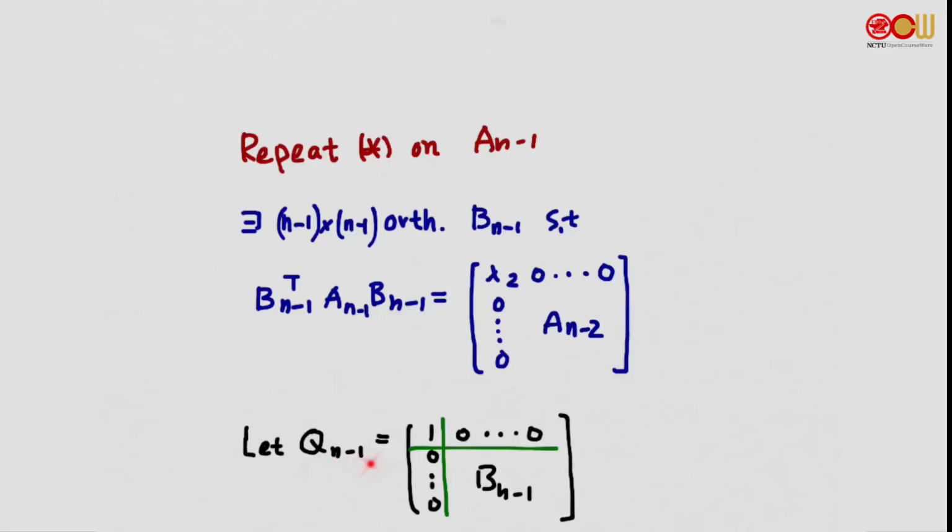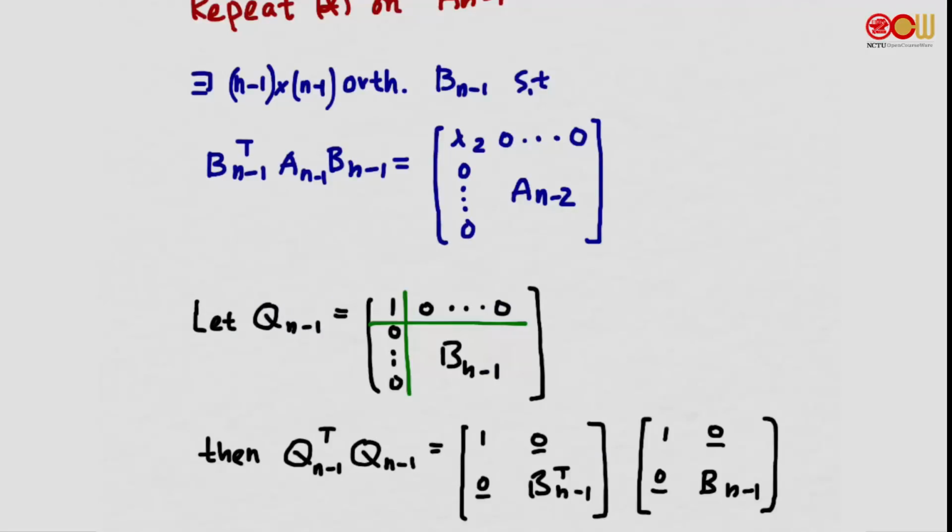We call it Q_{m-1}. It's 1, 0, 0, 0, 0, 0, 0 in the first row, and the bottom right corner is B_{m-1}. And B_{m-1} is orthogonal. Would this Q matrix be orthogonal as well? We can verify this very quickly by forming the product.